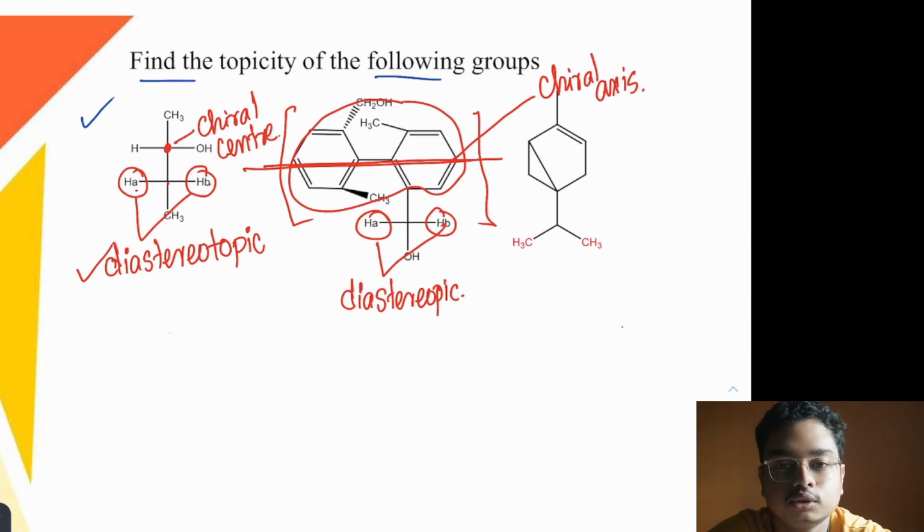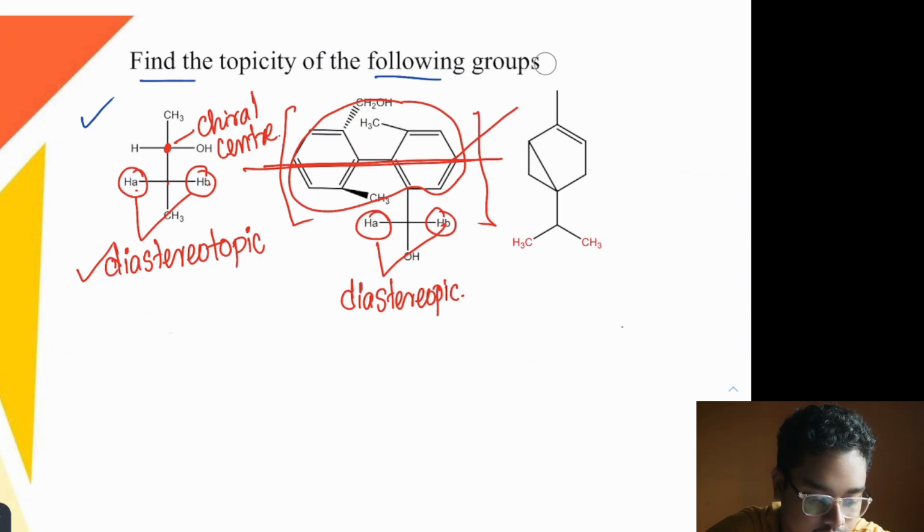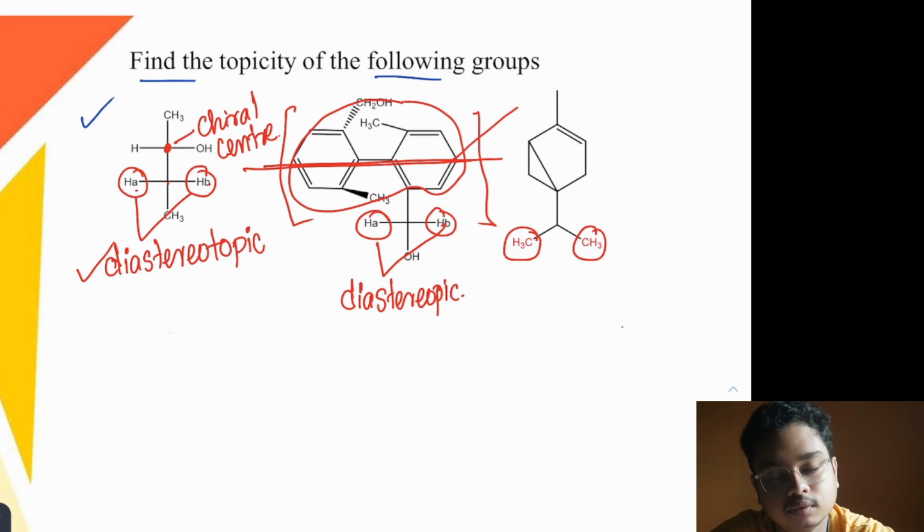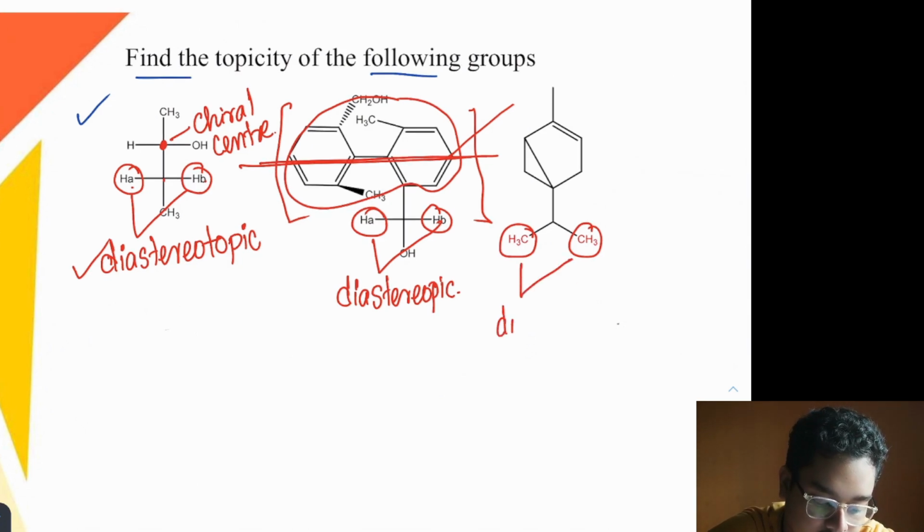Similarly, these two also don't possess any kind of symmetry between them, so this is also diastereotopic. Here in this particular question, we have to determine the relationship between these two methyl groups. In the symmetry criteria, there is no symmetry element present between the two methyl groups, so these two are also diastereotopic.